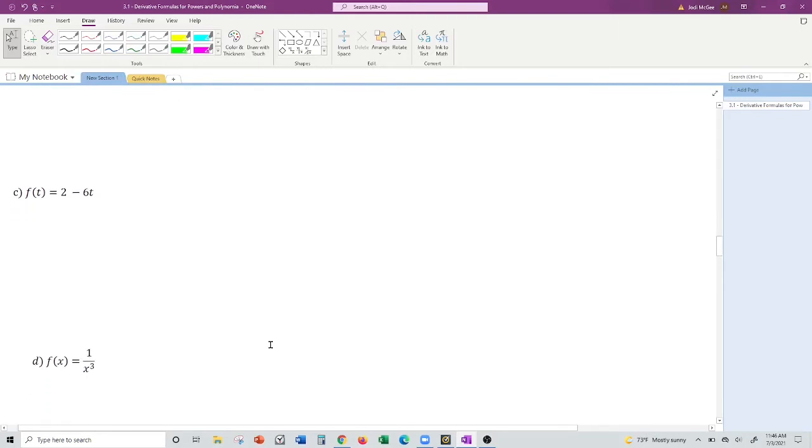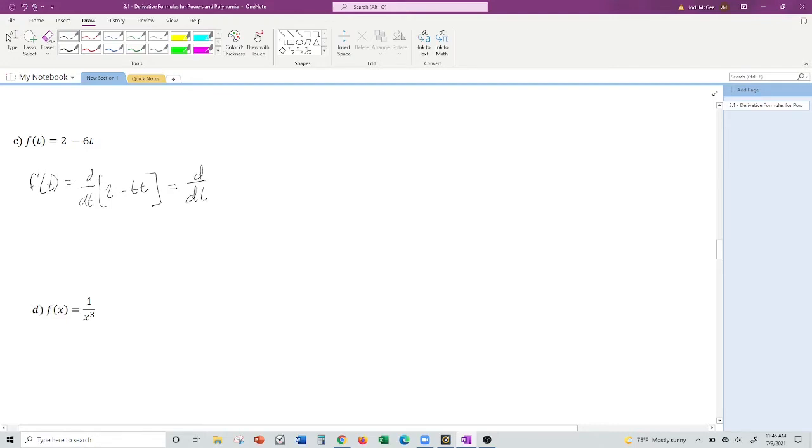Let's keep going with example C. So we need f prime, this time of t. So this is going to be d dt of 2 minus 6t. All right, well, we have a difference here. So we can go ahead and use our difference rule and split the difference.